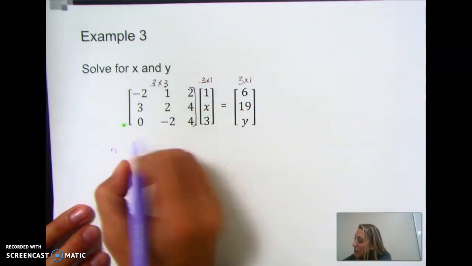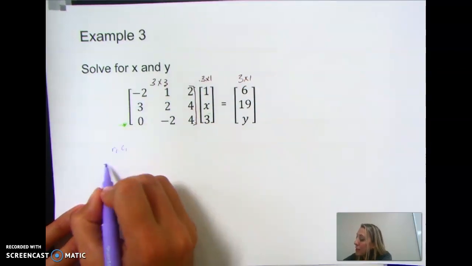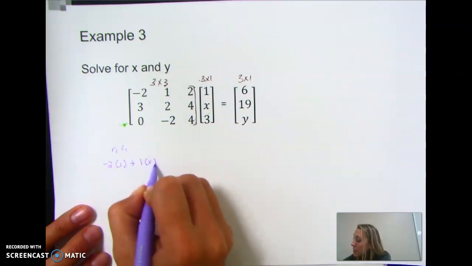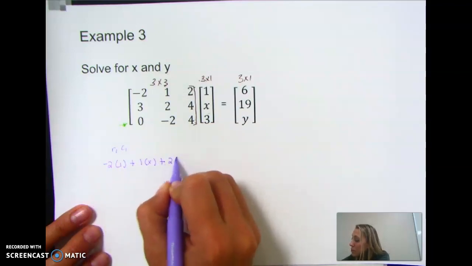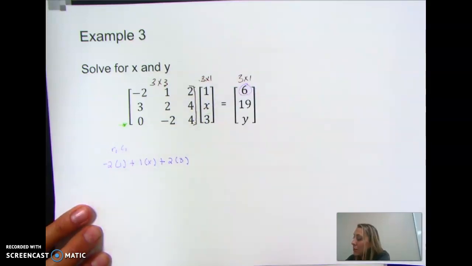I'm going to multiply row 1 times column 1. And that's going to give me negative 2 times 1 plus 1 times x plus 2 times 3. And all of that, row 1, column 1, is going to equal this, which is equal to 6.